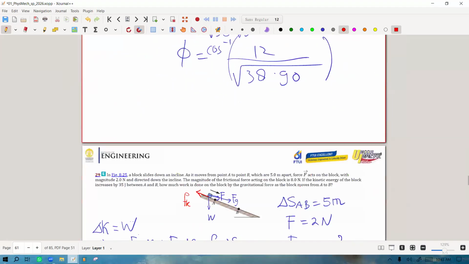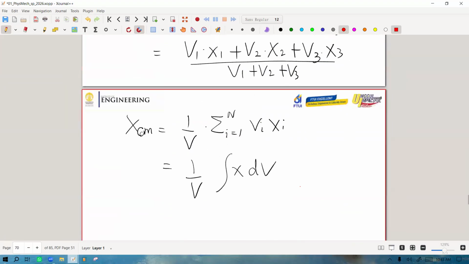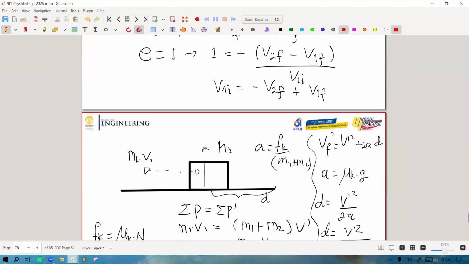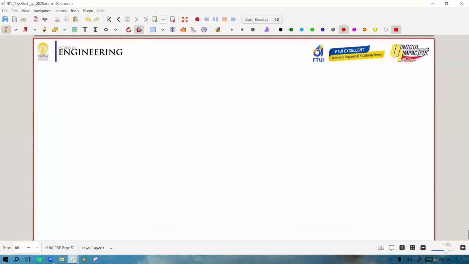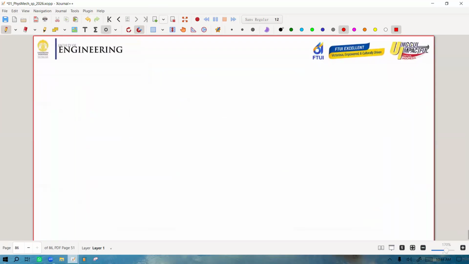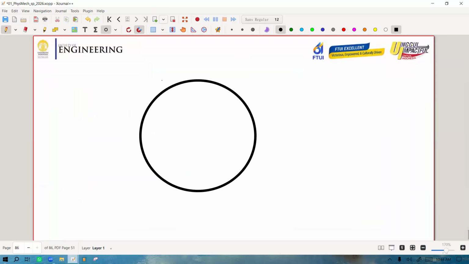But another acceleration is the tangential acceleration. So in rotational kinematics, imagine that there is a particle at this point. So there is a tangential and a radial acceleration, AT and AR. So what is the total acceleration?